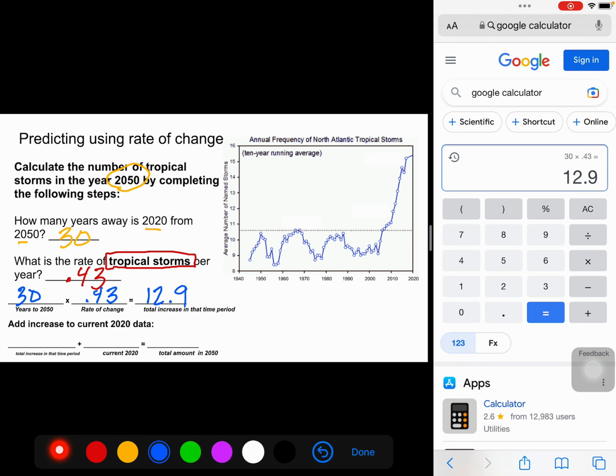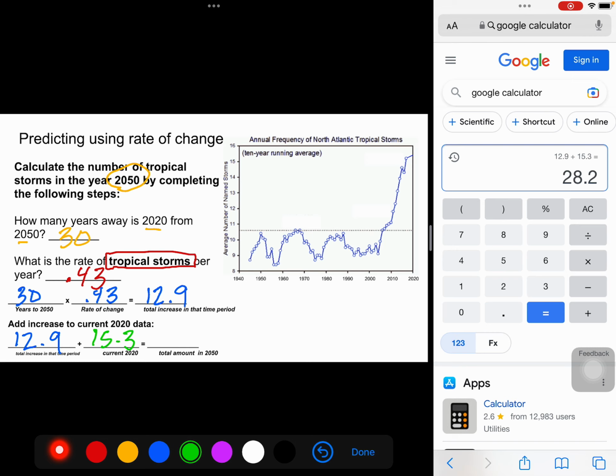Which means in 2050, if there's 12.9 more storms, how many will there be total? We're looking at an increase of 12.9, in addition to the current levels, 2020 where we left off, which was 15.3. 12.9 plus 15.3.